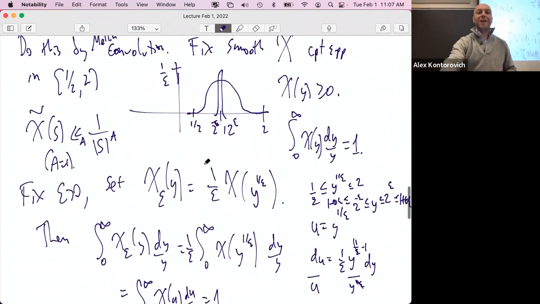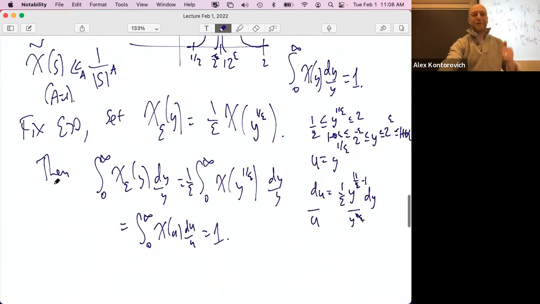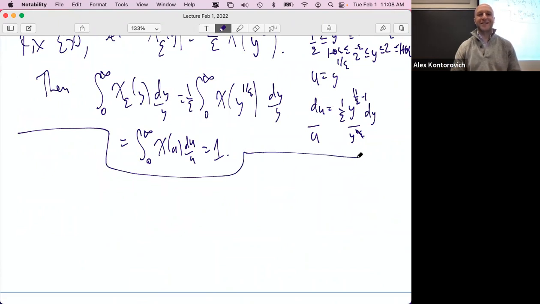Because we want the Mellin convolution. We want this function exactly, but we can't use it because there's not enough decay. The right way to get more decay is to convolve the function you have with the function you want, or rather convolve to get the function you need for the application. Okay, so let's do that right now. So what is Mellin convolution?